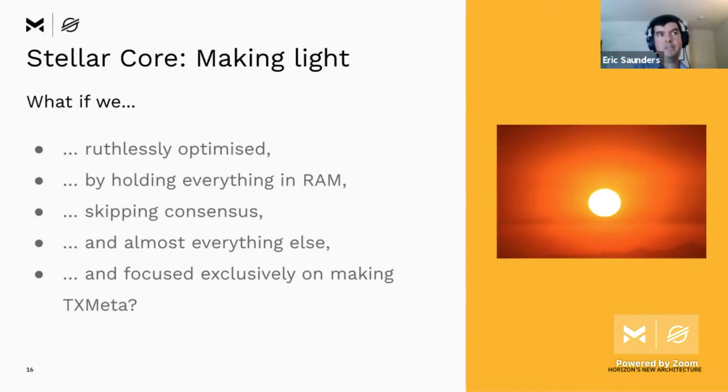What if we try to just abstract away as much as possible? So we optimize, we hold everything in RAM that we can possibly hold for speed. We don't bother with consensus or almost anything else, in fact, and we just try and produce TX Meta as fast as possible. So just solve this one problem for Horizon. The thought experiment is, if we did that, how fast could we go?